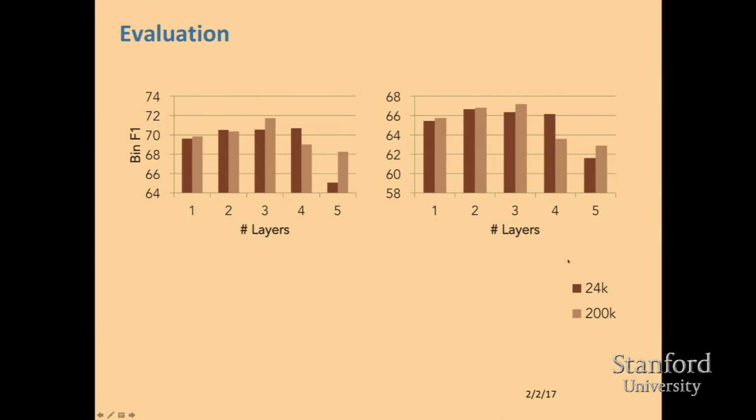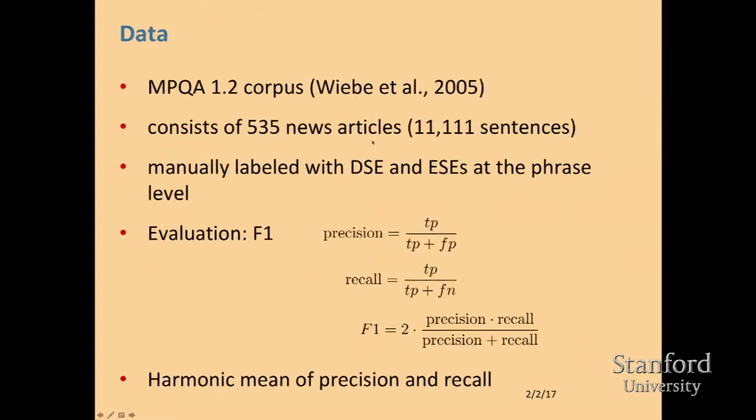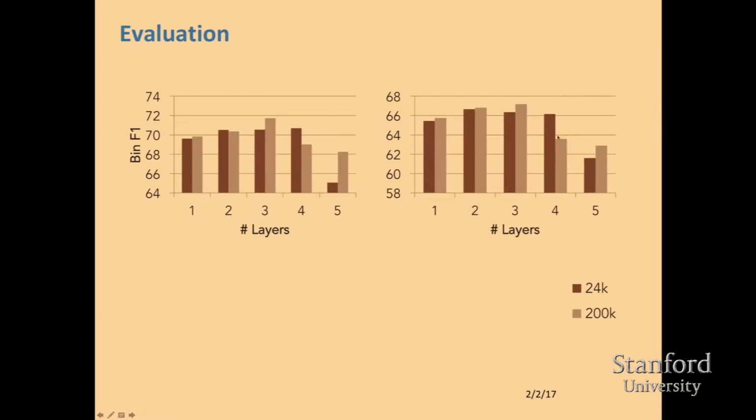In many cases, if you train with more data, you do better. But it's not always the case that more layers are better. This is the depth, the number L for all these different layers. In fact, here the highest performance they get is with 3 layers instead of 4 or 5.